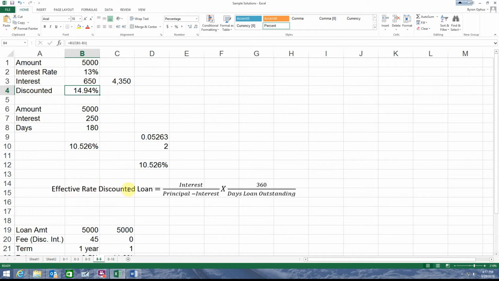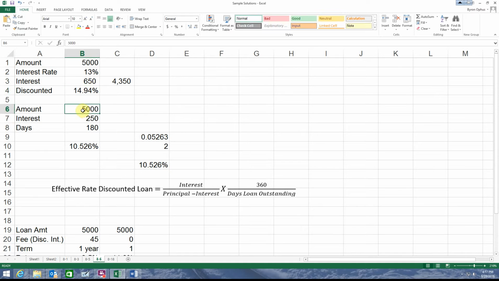The effective rate for a discounted loan is the interest divided by the principal minus the interest, times 360 divided by the days loan outstanding. So really all we did was this part, because our loan was outstanding for 360 days, so this would have been 1. Whatever we ended up with here would have just been our answer.